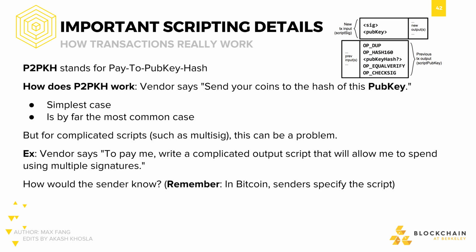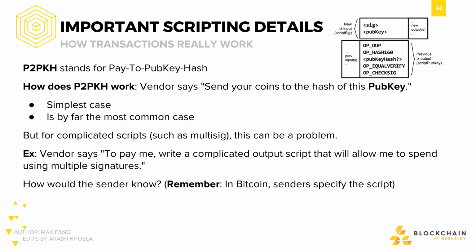So for complicated scripts such as multisig, this can be a problem. Multisig I will explain later, but basically you need multiple signers in order to sign off a transaction, and this can be kind of weird for the sender side if the merchant, say, has a wallet that has multiple signatures.